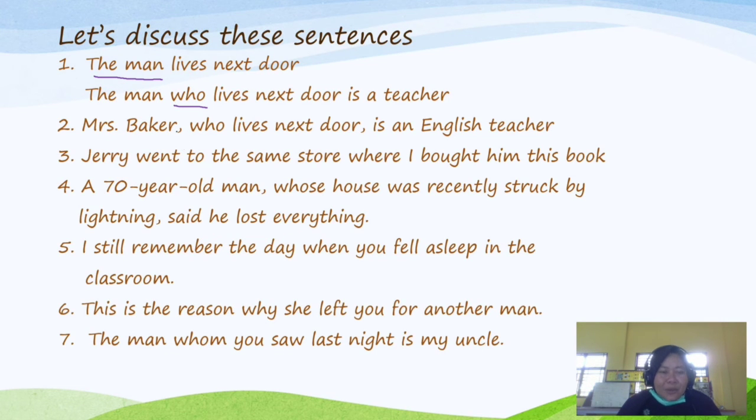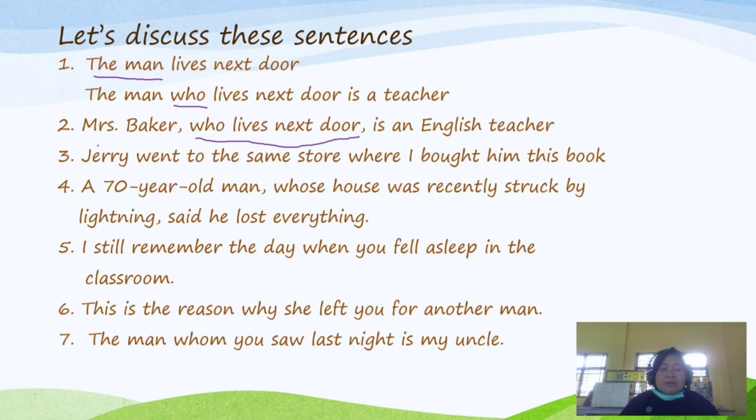And the second sentence: Mrs. Baker, comma, who lives next door, comma, is an English teacher. Here, the adjective clause has a function as modifying because we already know who we are talking about. This is Mrs. Baker, because the name is already mentioned and we know the person.